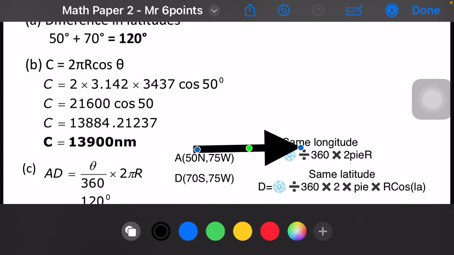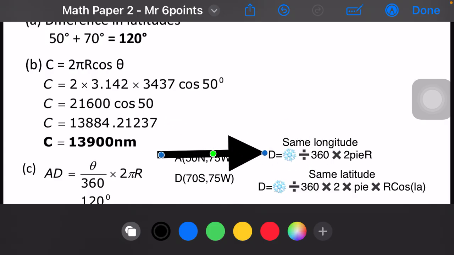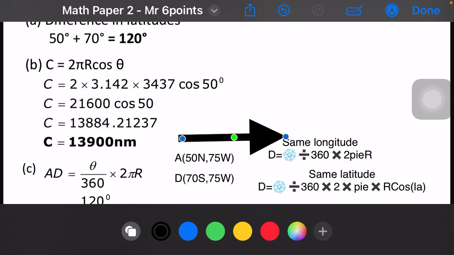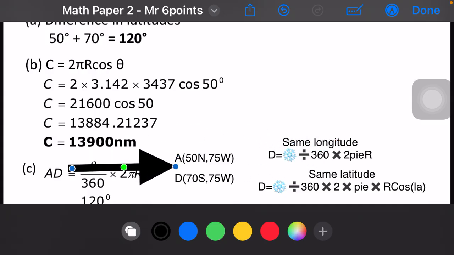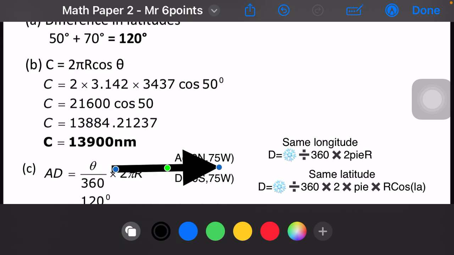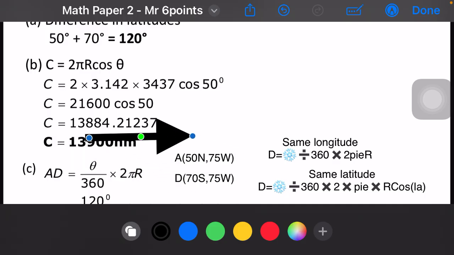So when you have the same longitudes, and I've told you what longitudes are, so there's no need to get confused. For example, you have point A and point D. Using that formula I showed you, first of all you need the latitude of point A and the longitude of point A. That's how you make coordinates of a given point on the surface of the Earth.